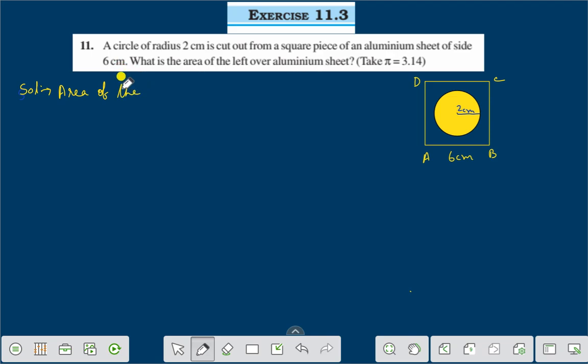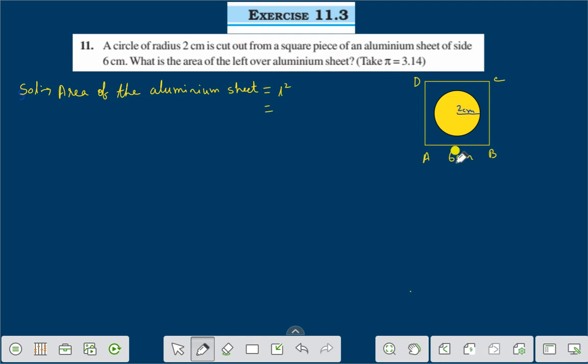The area of the aluminum sheet, and this is a square. That means the area is L square, right? L means the length of the side of the square, or we can say side into side. That is, the area of the aluminum sheet is equal to L square.